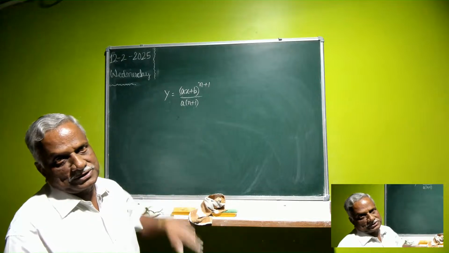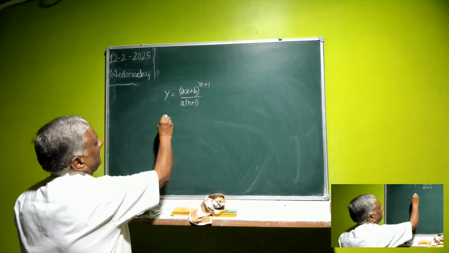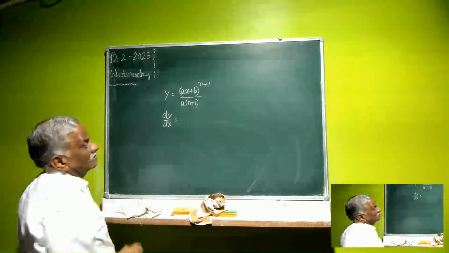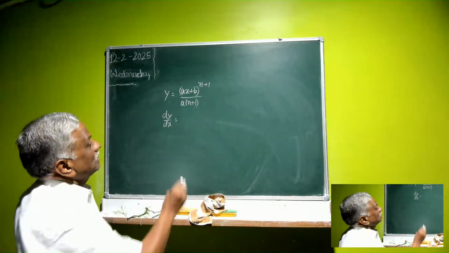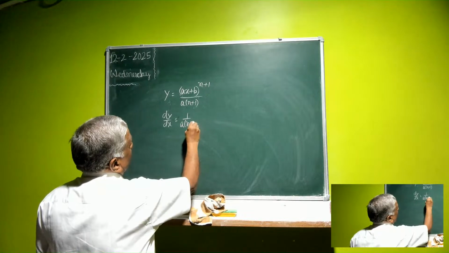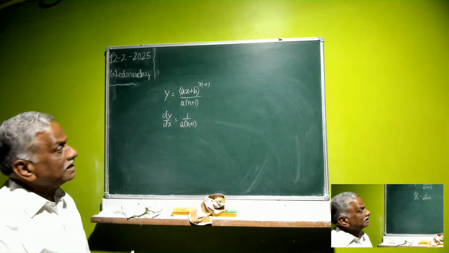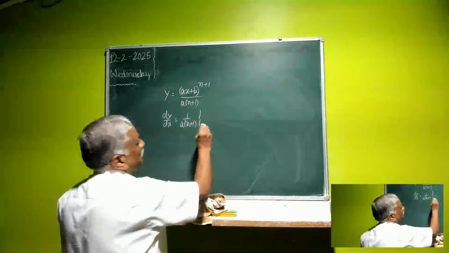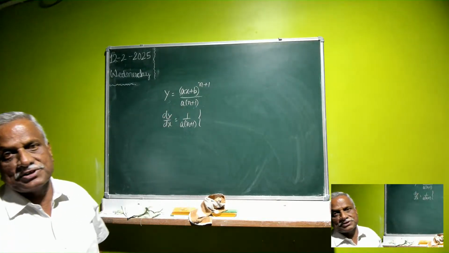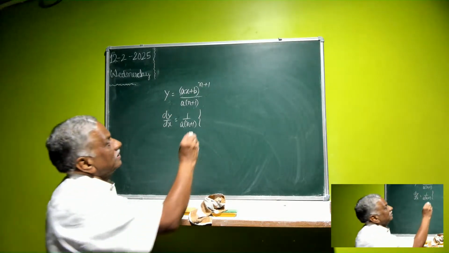You just take this function. You have to find dy by dx. You know a into n plus 1 is a constant, keep it outside. When you are differentiating k u, keep k outside, differentiate this. Which rule? Chain rule.